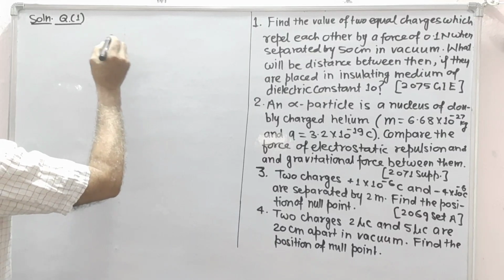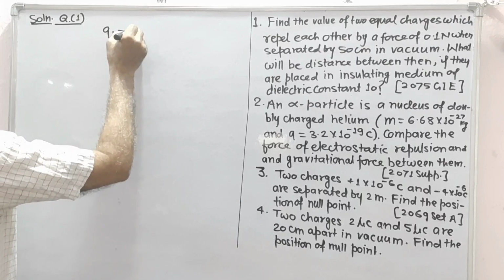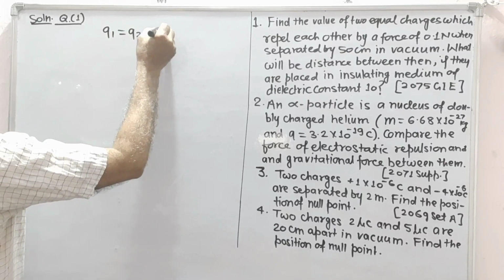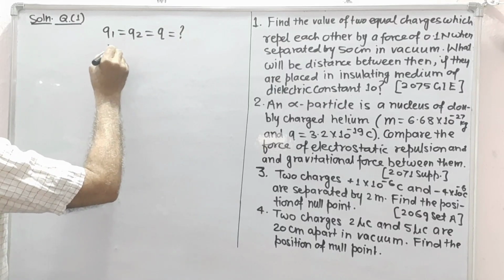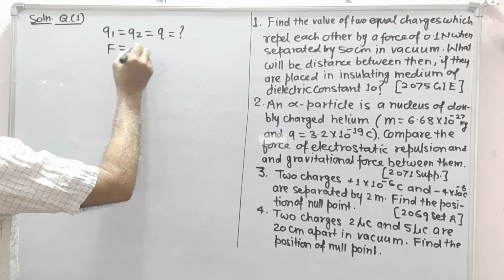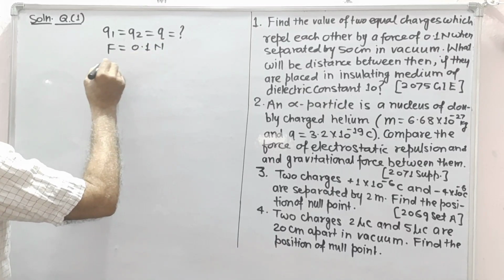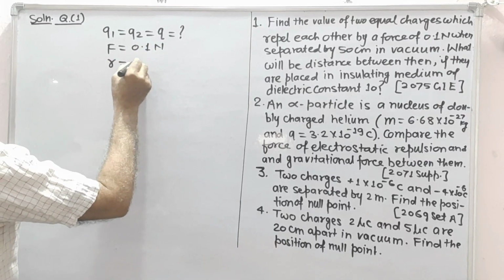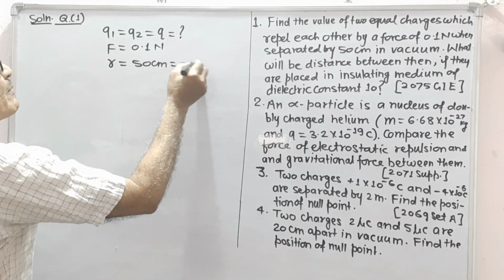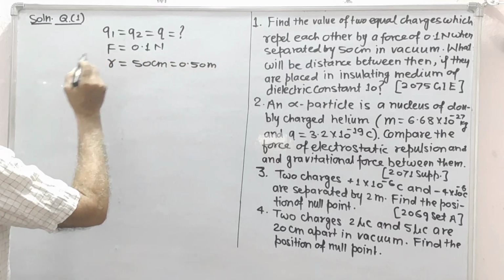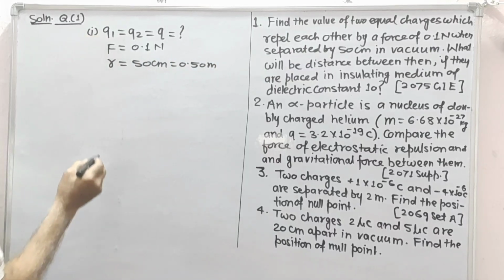Here q1 is equal to q2 is equal to q, is to be calculated. Force between them is 0.1 Newton. Distance between them is 50 cm, which is 0.5 meter. In first part we have to find charge.